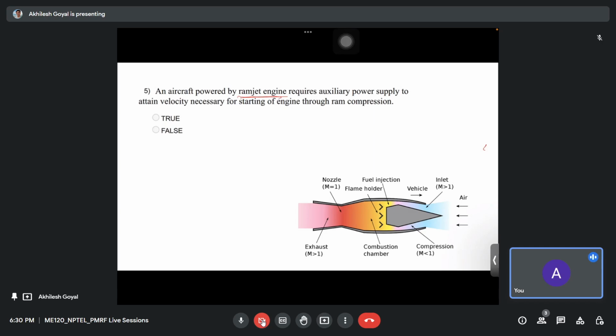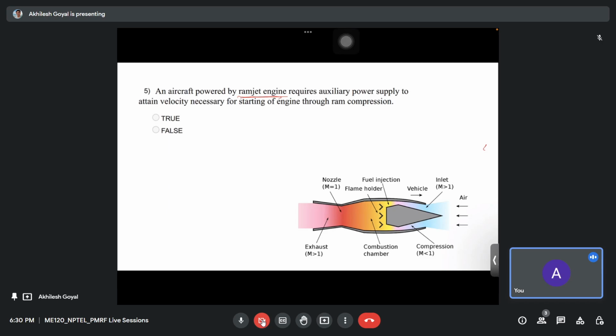So here in the figure you can see from the right side, air comes to the inlet of the ramjet engine. Due to the ramming effect of this air and engine interaction, this air goes ahead, and you can see the decreasing area, so it works as a compressor for it.